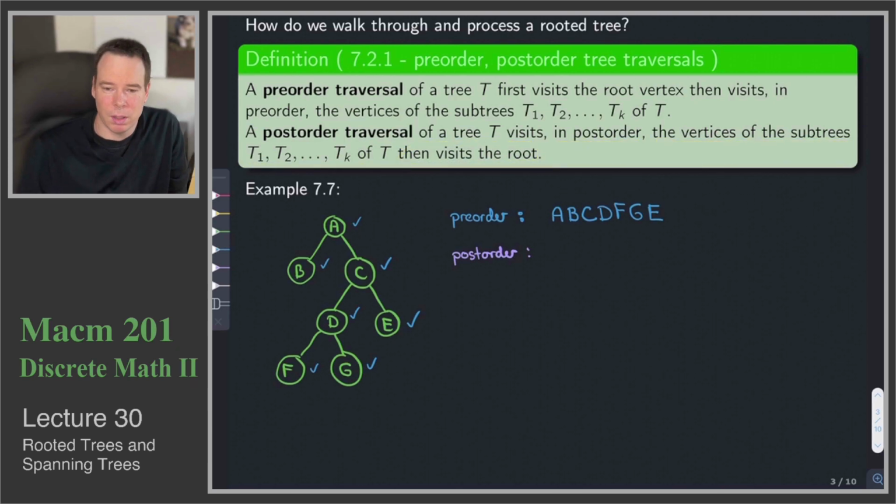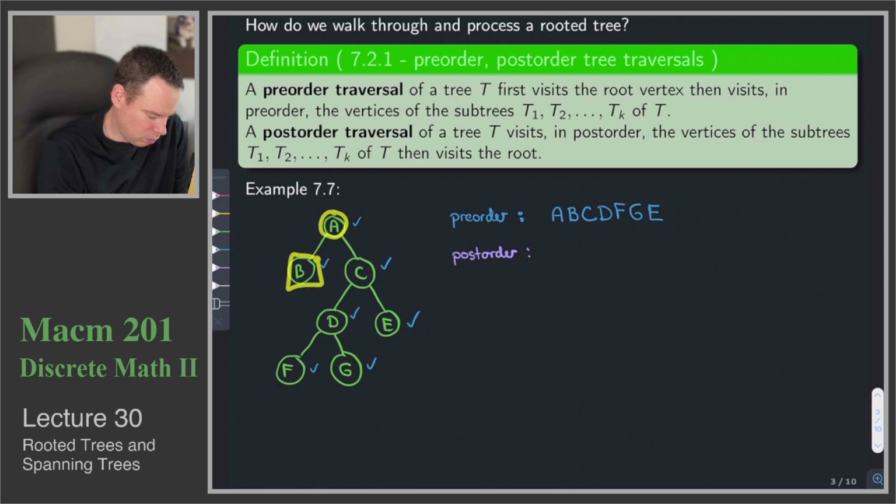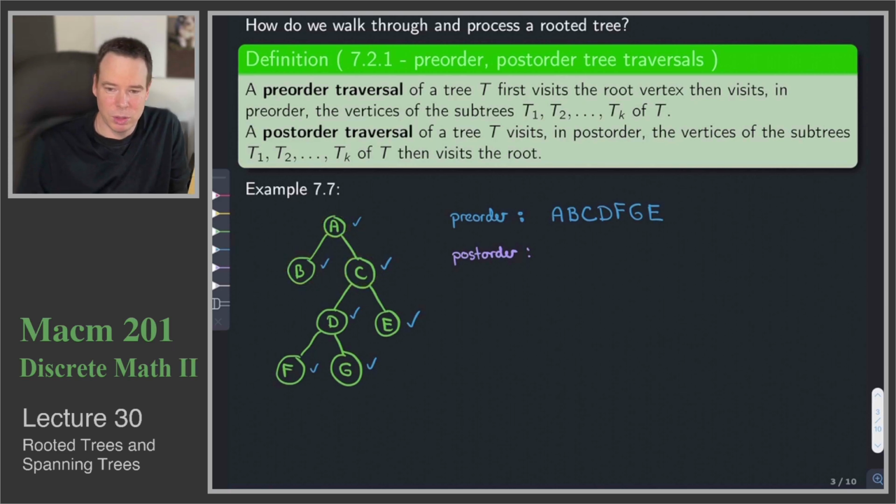So if we think about our, this is a root, it's the parent, these are its children. Then what preorder is saying is visit the parent first and then the children after. So preorder is a parents first approach. So this is a parent first.